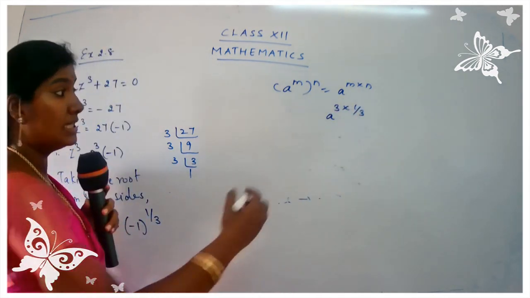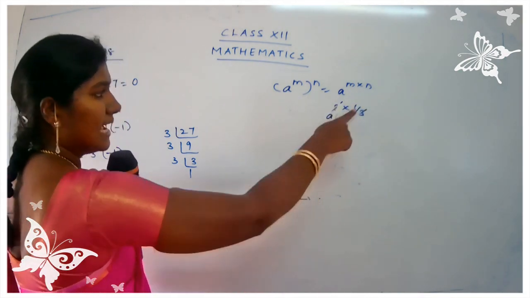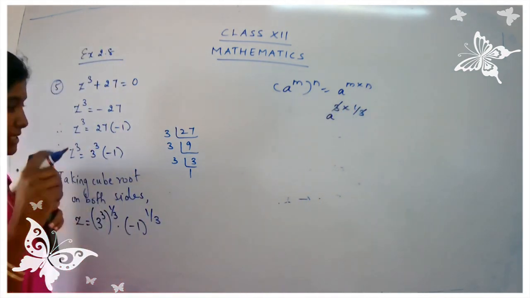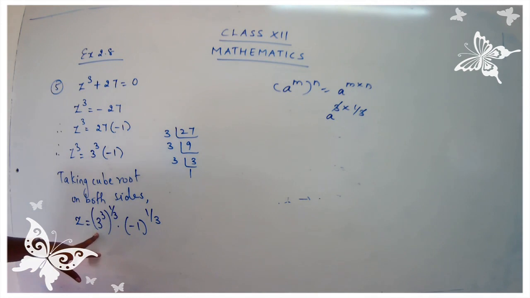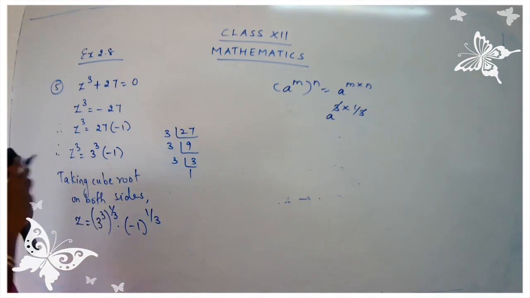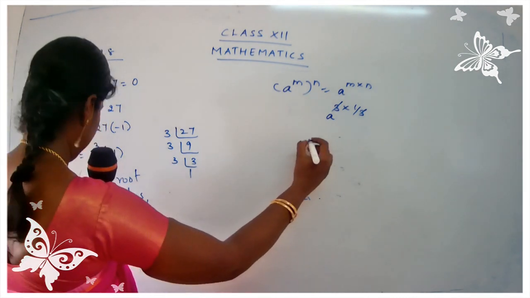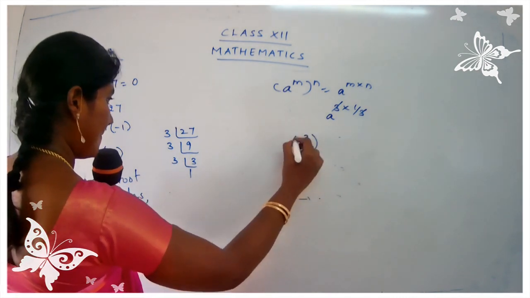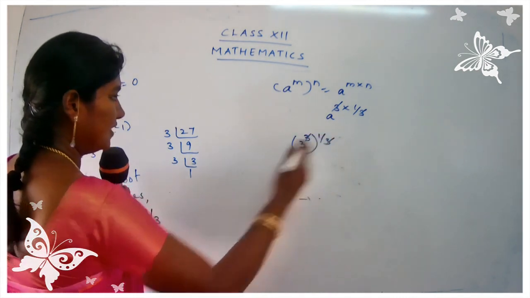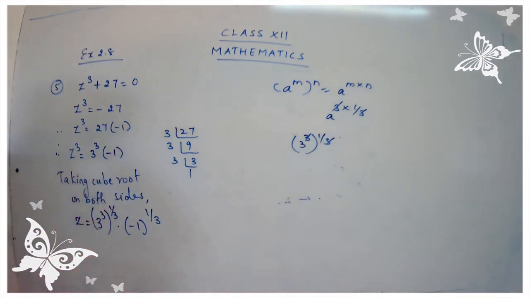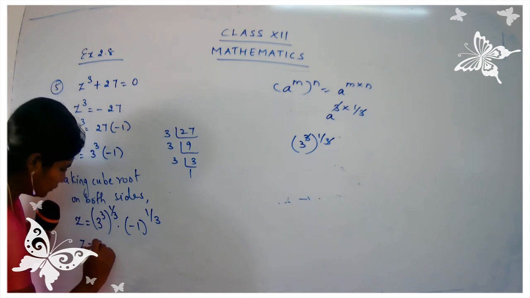The 3 and 3 get cancelled and what is left here? It's 1. That means 3 raised to 3, the whole raised to 1 by 3, gives 3 raised to 1, so only 3 will be left. So just put here z is equal to 3.